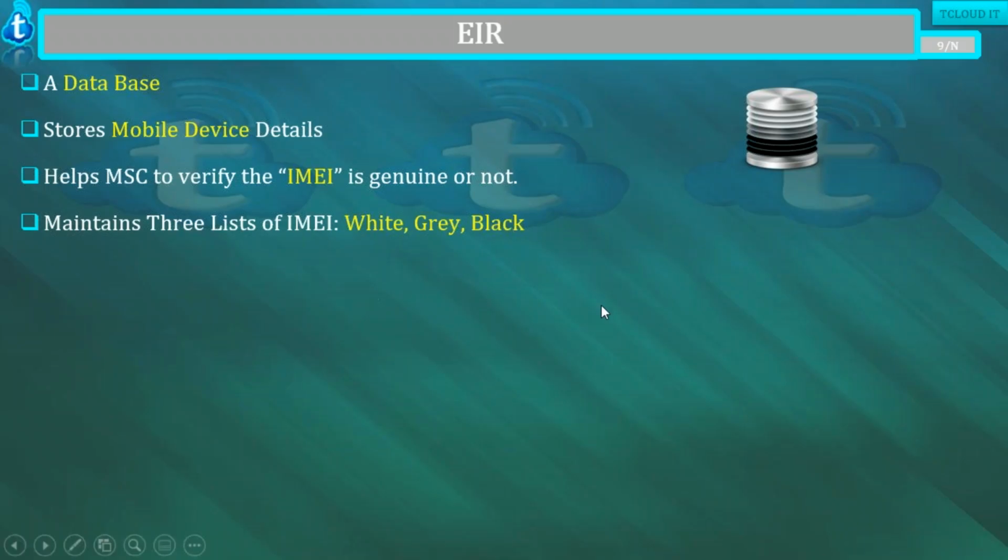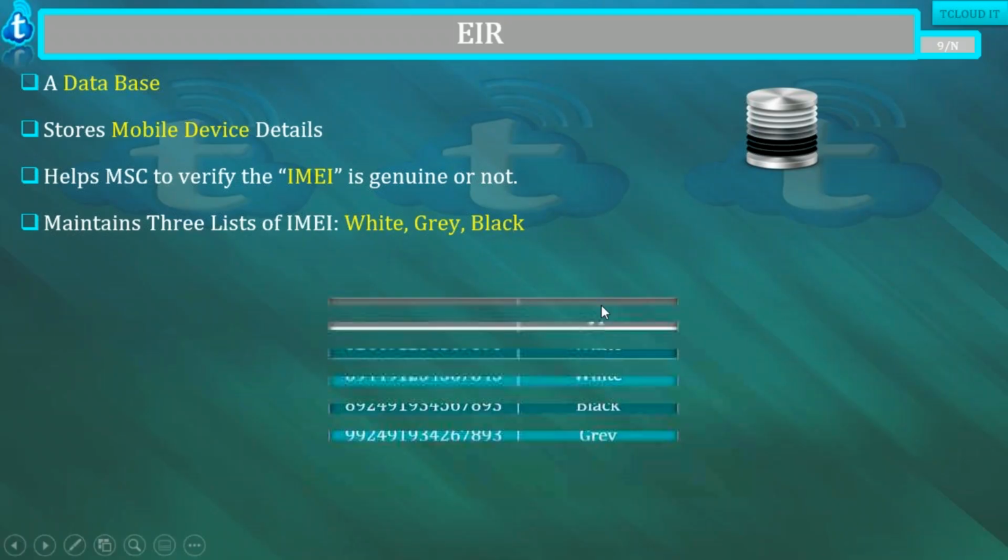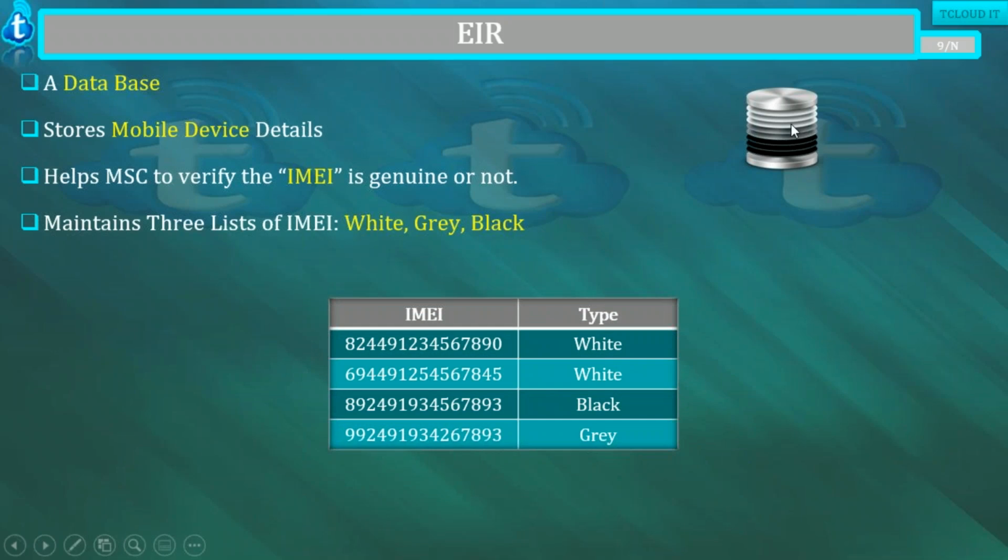So that kind of mobiles are called blacklisted mobiles. So this EIR is a database which maintains the worldwide IMEI numbers in terms of whitelist, graylist, or blacklist. When MSC asks, the EIR tells whether it is in whitelist, blacklist, or graylist. That's all its duty.